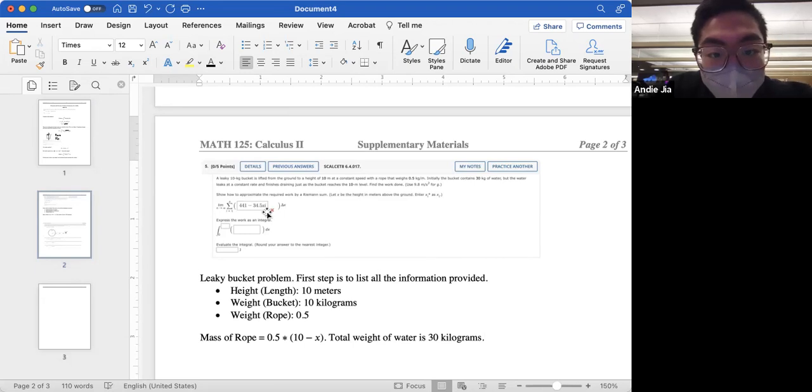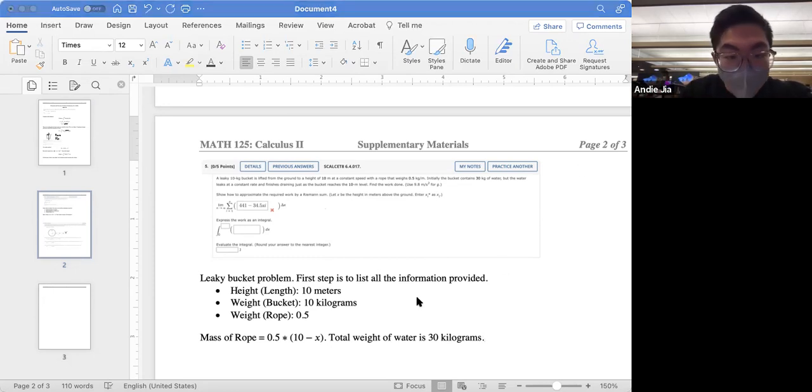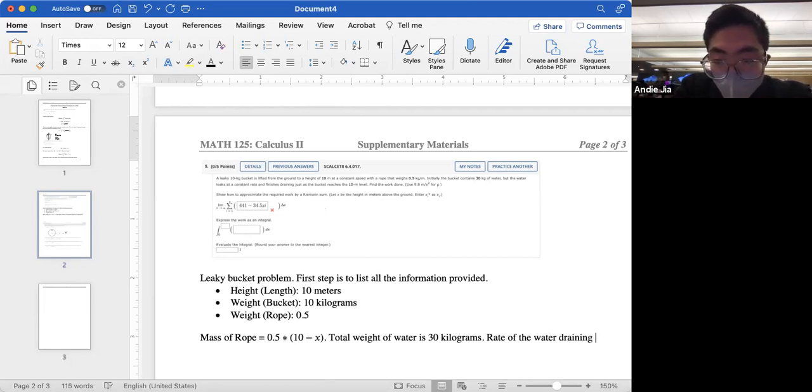You want to compute all the work done to pump all the water. So the rate of the water draining, we have 30 kilograms over 10 meters, it is 3 kilograms per meter.